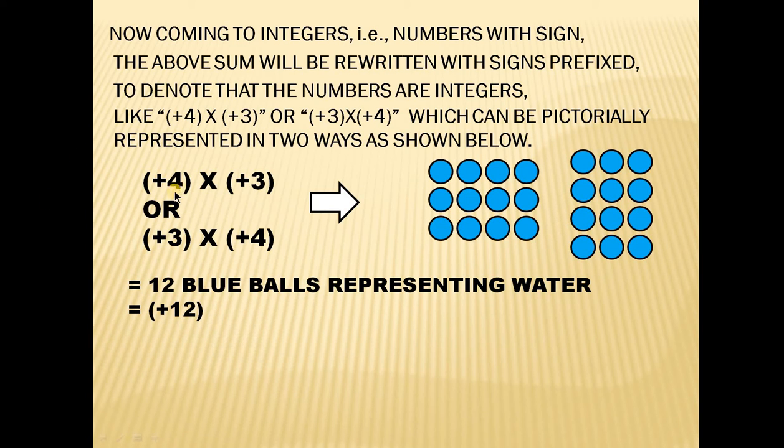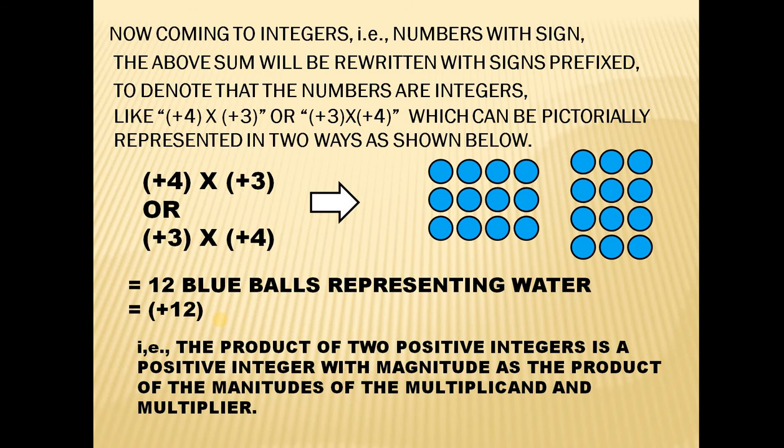Similarly, the value without sign here is 3. We call it the absolute value also. Please recall, you have studied like that. Now it is 12, and after assigning the sign as positive, since it is blue balls, it is plus 12. This way you have understood multiplication of whole numbers, positive integers.